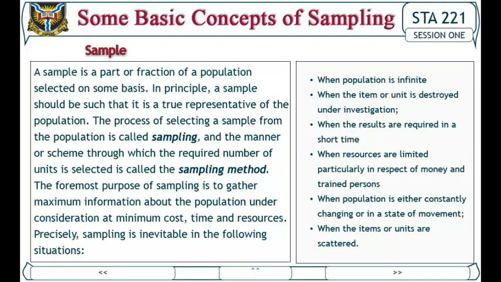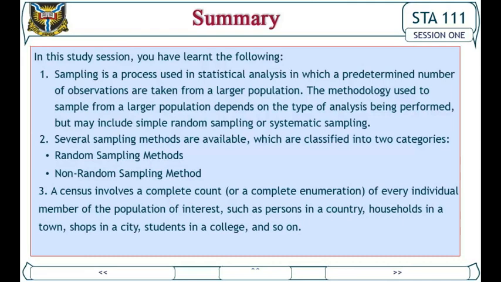Precisely, sampling is inevitable in the following situations: when population is infinite, when the item or unit is destroyed under investigation, when the results are required in a short time, when resources are limited, particularly in respect of money and trained persons, when population is either constantly changing or in a state of movement, when the items or units are scattered.